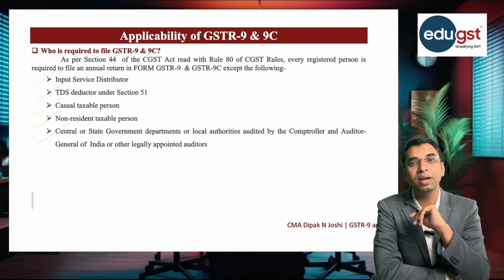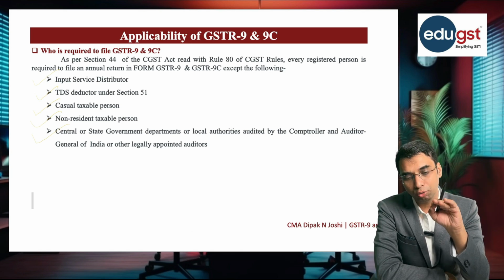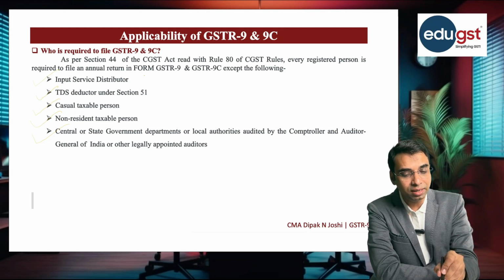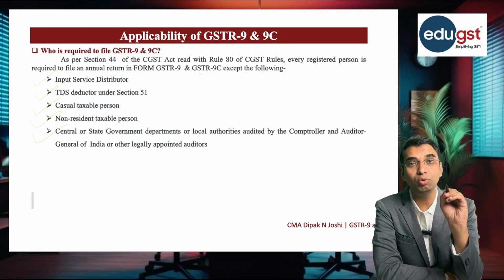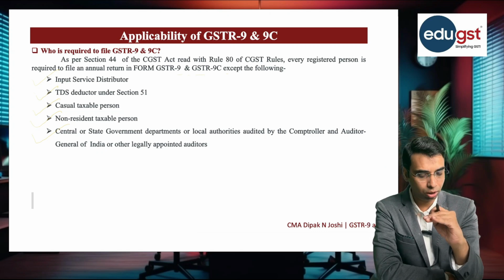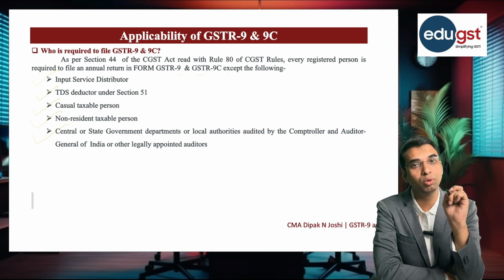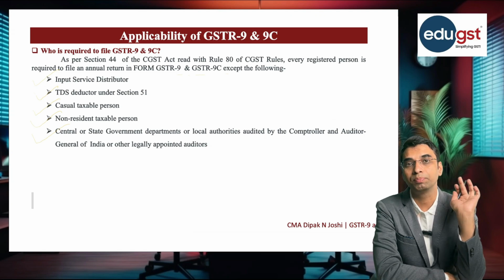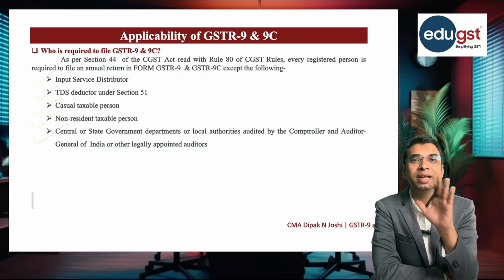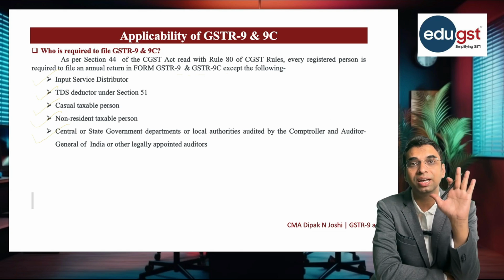Now, one more important aspect which is required to be understood in this case is that GSTR-9 9C is subject to some turnover limit. So if your turnover exceeds that limit, then only GSTR-9 9C is applicable. If your turnover is less than that criteria, in that case there is no need to file GSTR-9 9C.